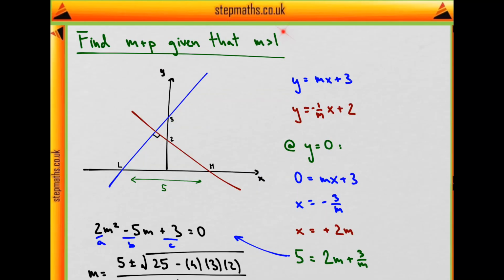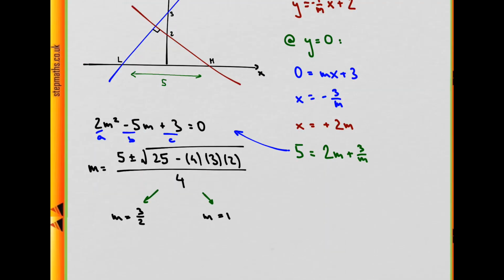But since we know that m is strictly greater than 1, it cannot be 1, so it must be 3 halves, 1.5. And so the sum m plus p, which is m minus 1 over m, because that's what p is, is now 3 halves minus 2 thirds, which is 9 sixths minus 4 sixths, which is 5 sixths.